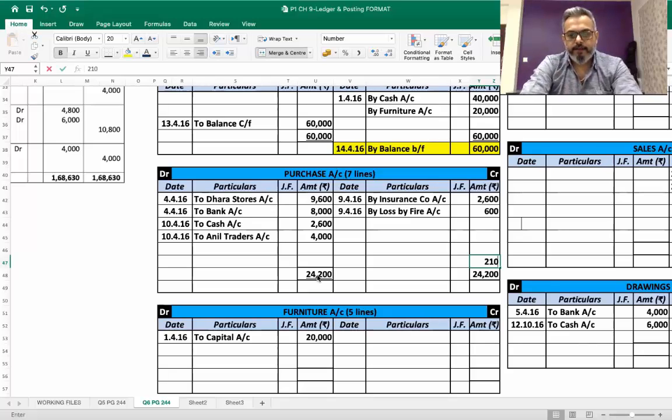So 21,000. By balance carried forward, 14/4/16 to balance brought forward.